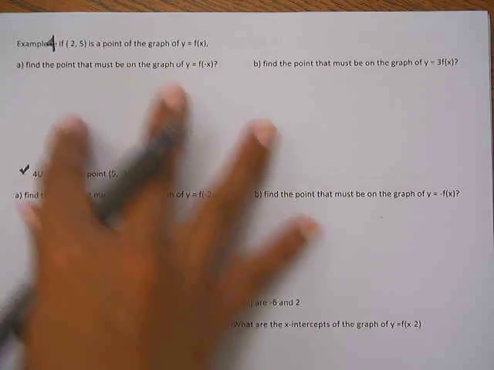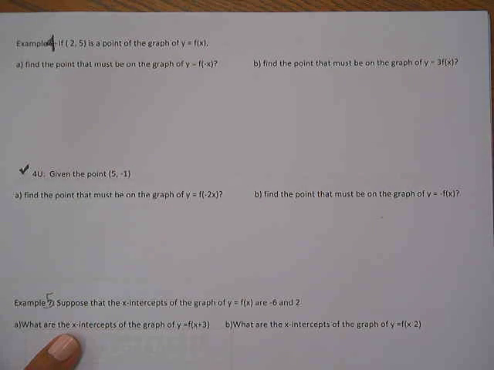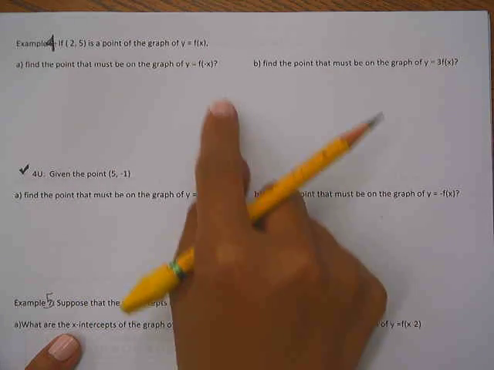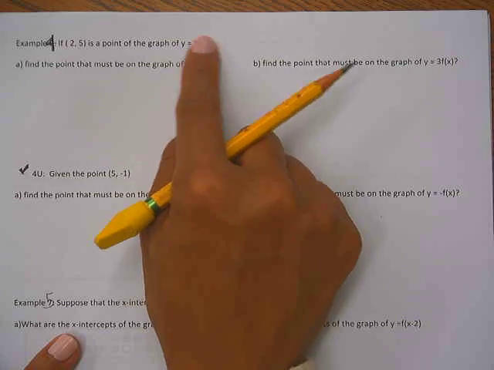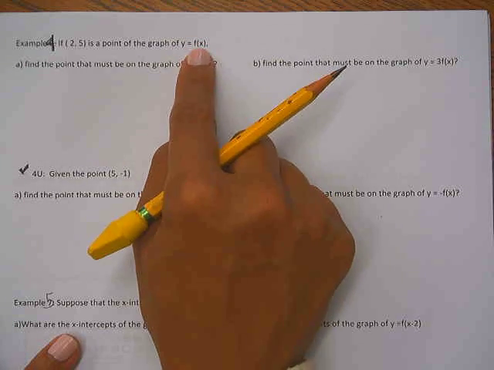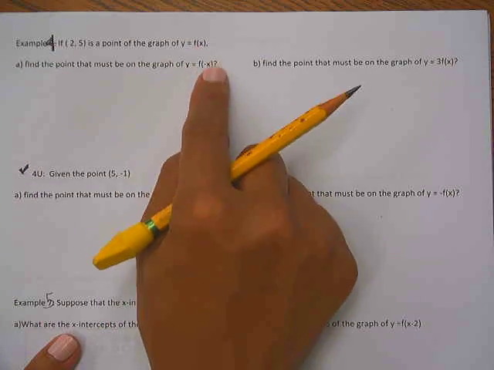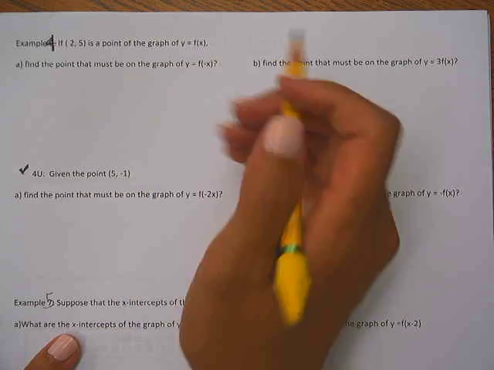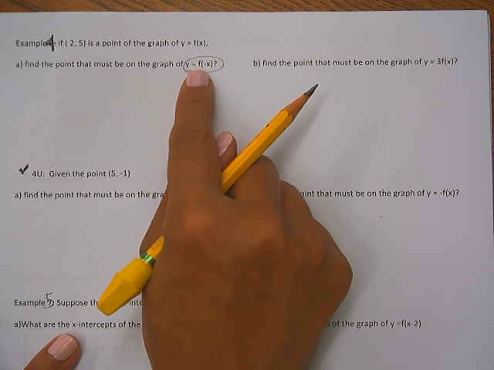So this entire example is just trying to find out whether you understand the notation. This is the parent function, whatever f of x is. So what is the new point if this is the transformation that we are doing? Look at this transformation: y equals f of negative x.